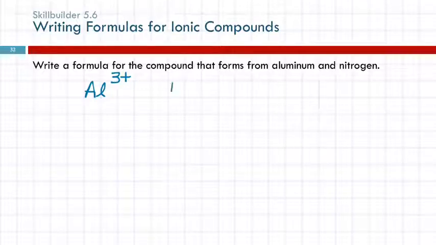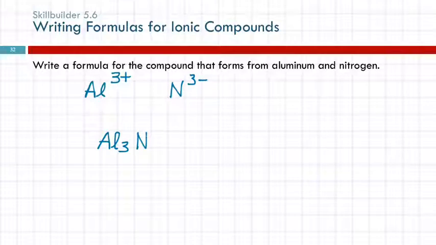And nitrogen is N. And what charge would that have? 3-. So if we just do the crisscross thing, what would we end up with? We get Al3, N3.